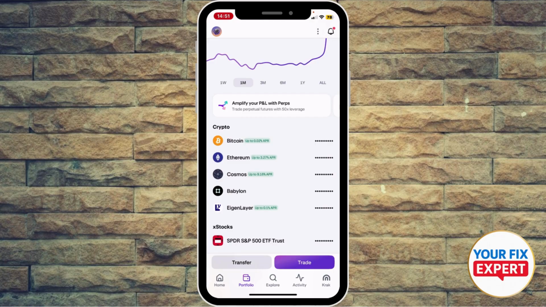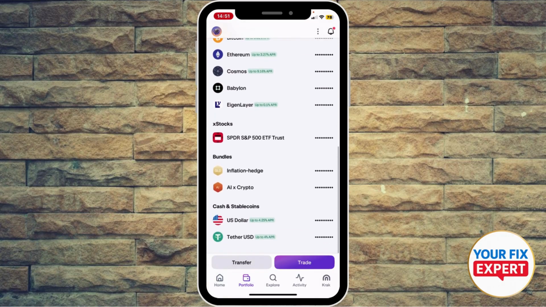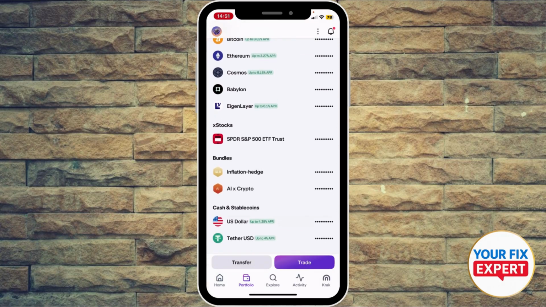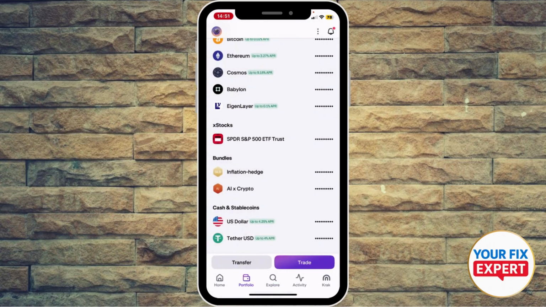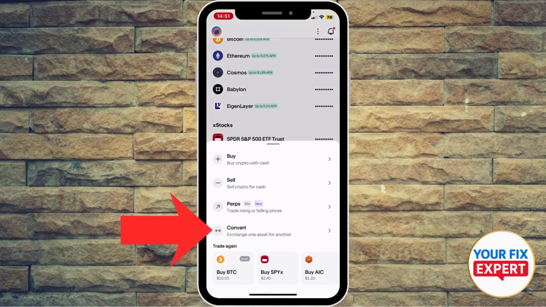If you want to withdraw a crypto, you need to convert it into cash. So you can just scroll a little bit down and find your cash here, let's say US dollar. After you converted, let's say Bitcoin, if you want to know how to convert, just hit trade at the bottom right here and convert.